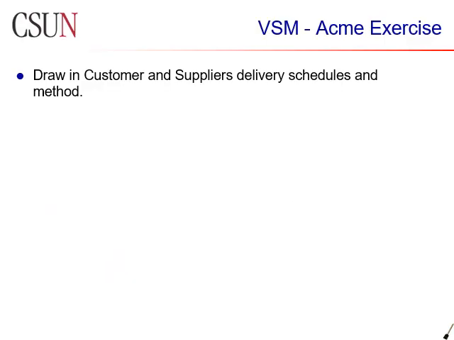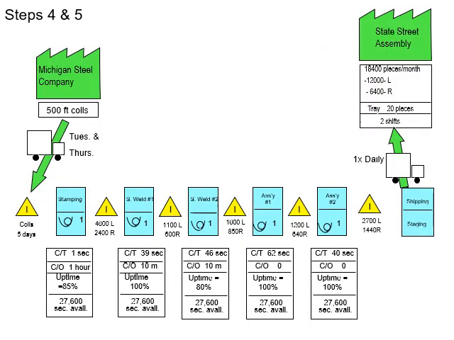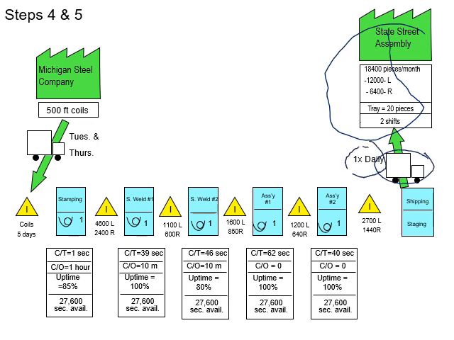Draw in customer and suppliers delivery schedules and methods. We already have the customer here. We're delivering by a truck, and we're delivering it daily. That's what's actually happening in our case. So we don't make any assumptions here. We don't think about anything. We're just representing what happens and takes place in real life.